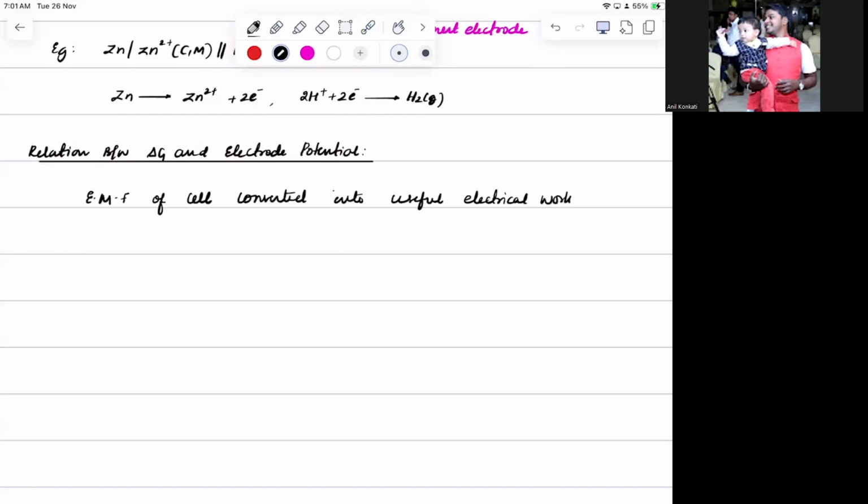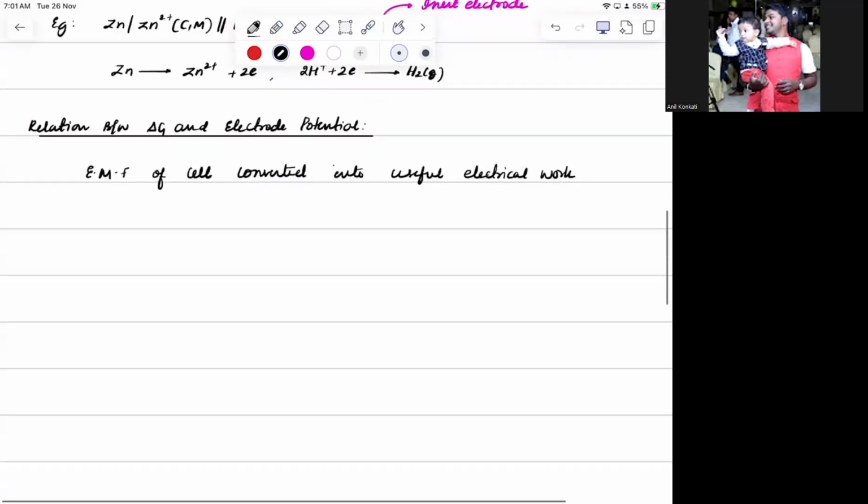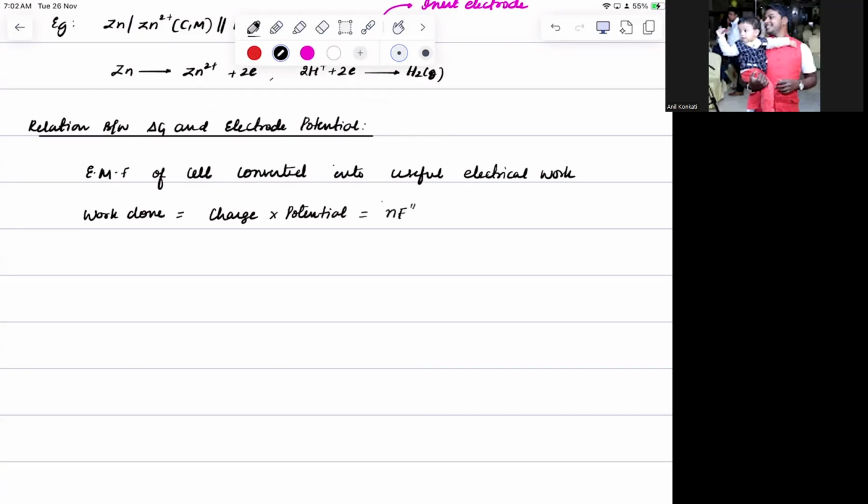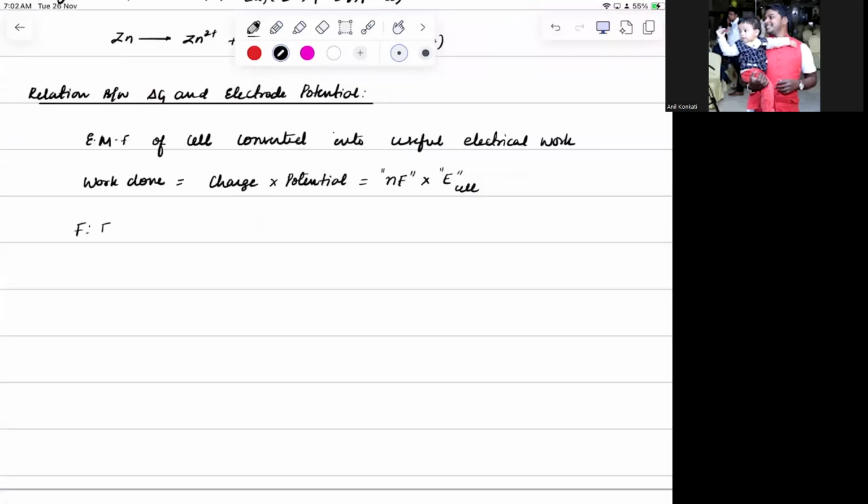So if you are able to convert that into useful electrical work, we can say work done is equal to charge into potential. And charge in this case is n into F multiplied by E cell. F represents Faraday, I'm sure all of you are aware of that, which is the charge of one mole of electrons. n represents number of moles of electrons.